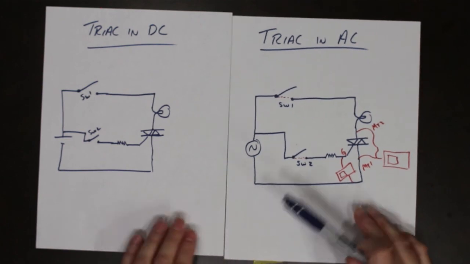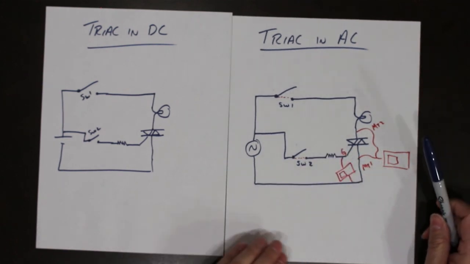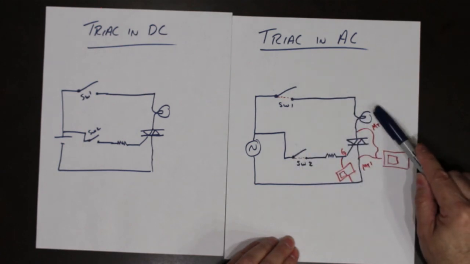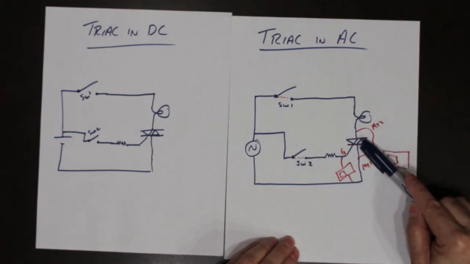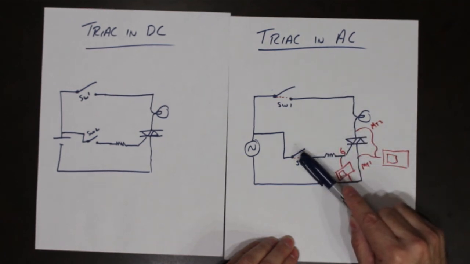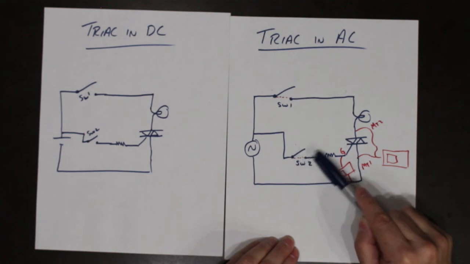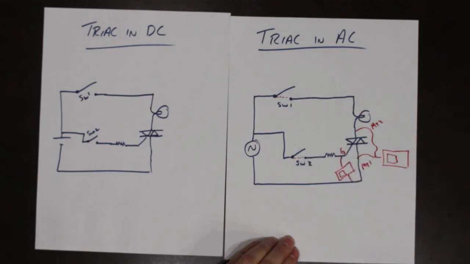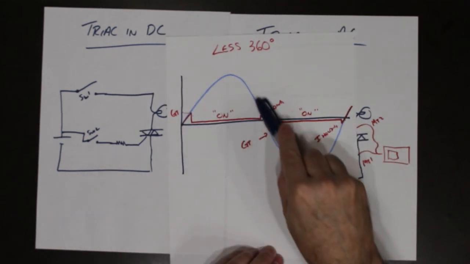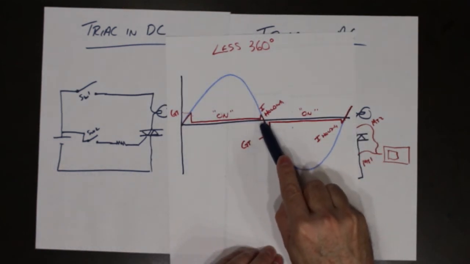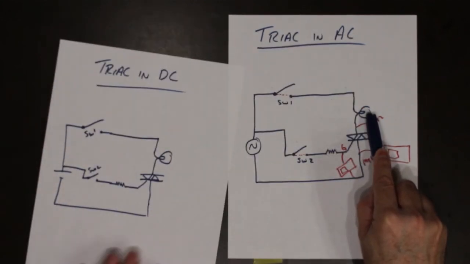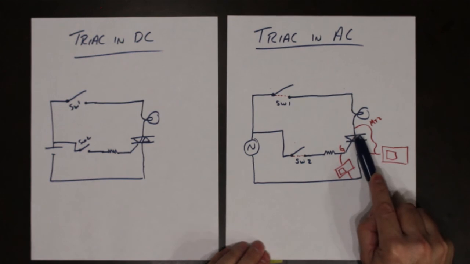In the AC version, I close both the switches, the light bulb comes on because we're conducting. As soon as I open up this and stop the gate, the next time the waveform crosses the 0 point, the light bulb will turn off because the device stops conducting.